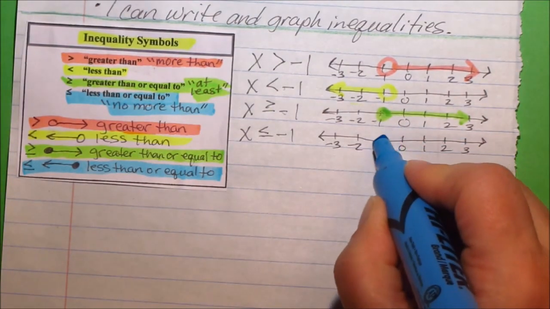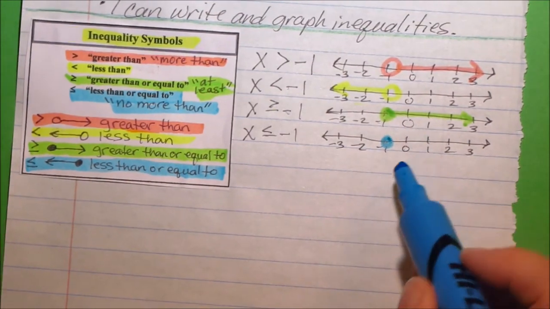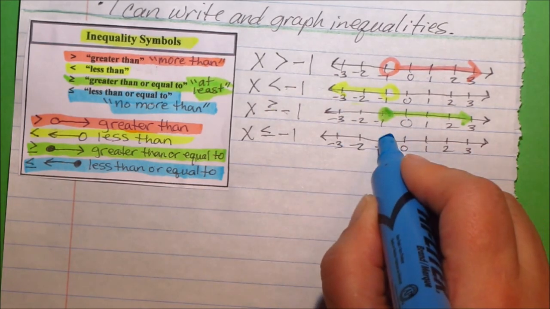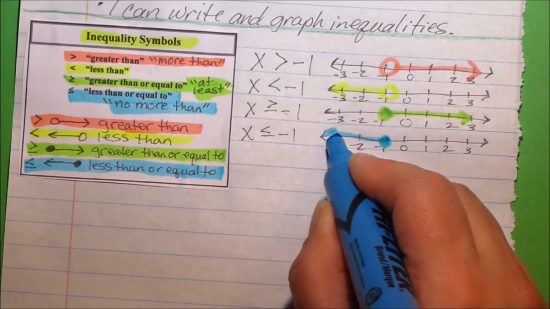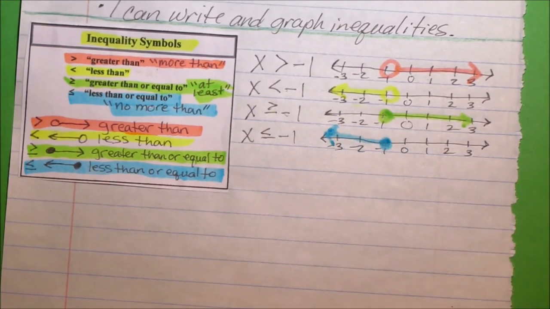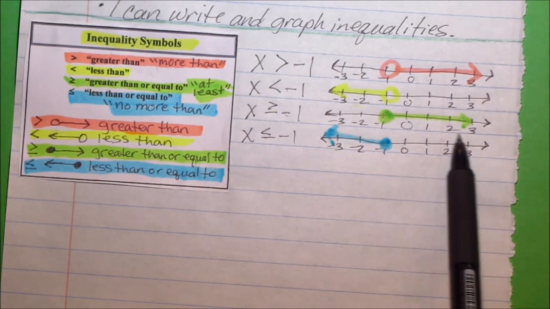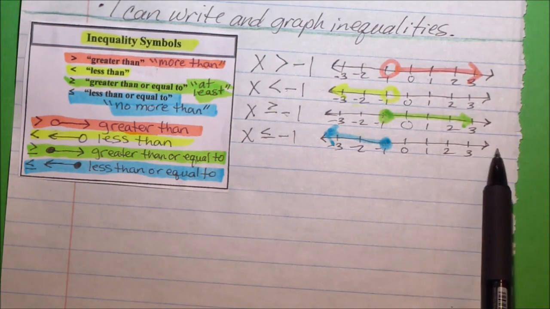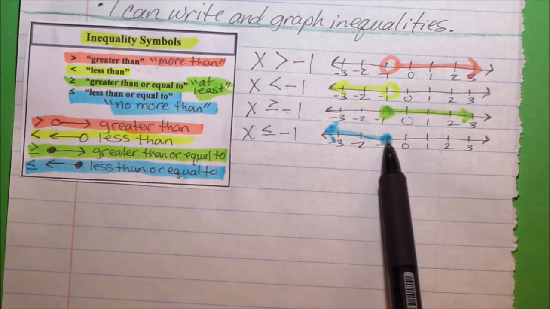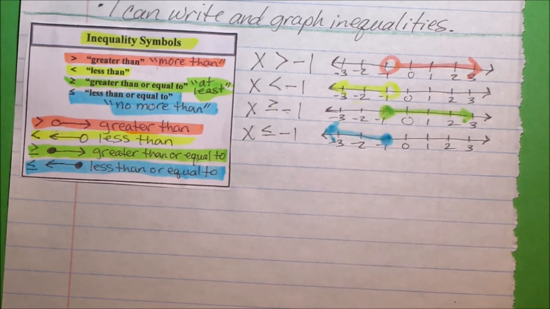So again, on my -1, I'll have a filled in circle because x might be -1, but it also might be anything less than -1. And my arrow shows me on my graph all the possibilities for x. So everything you see here and so on cannot be a possibility for x. X can be, however, -1 or anything less than -1.